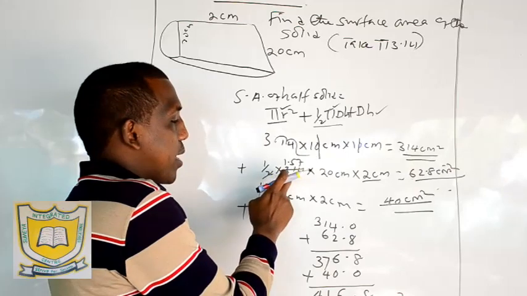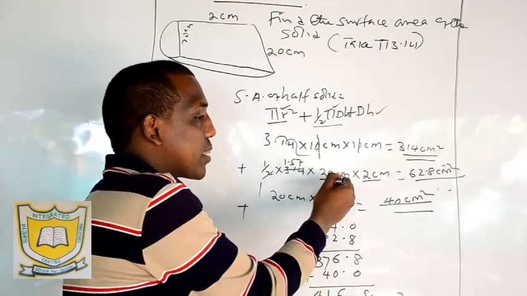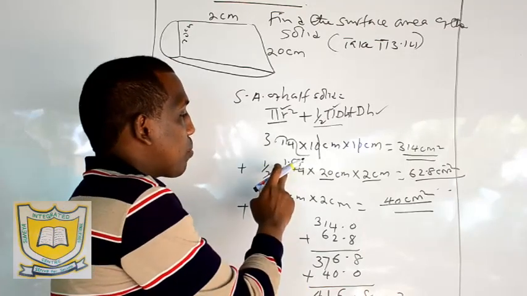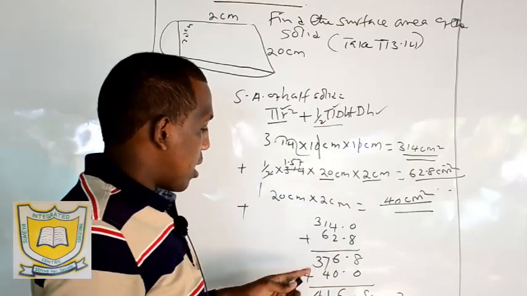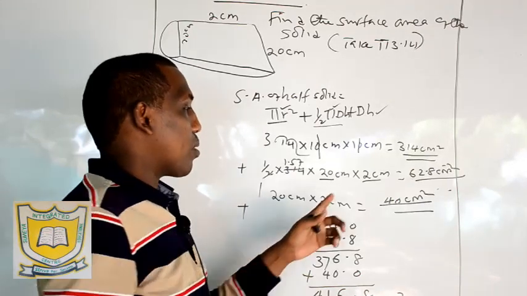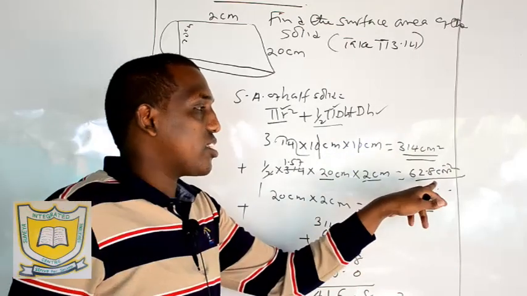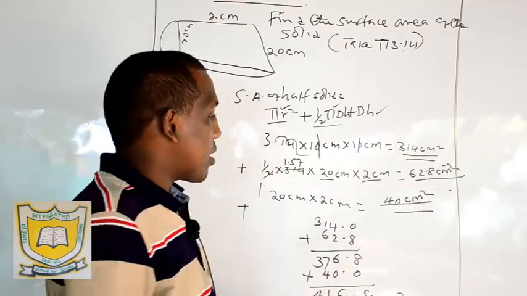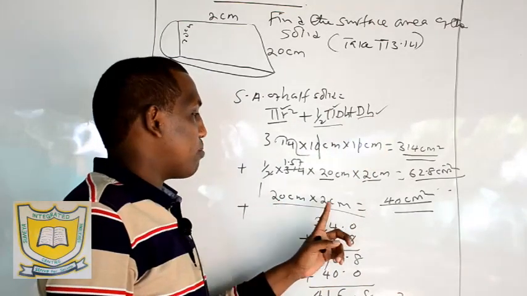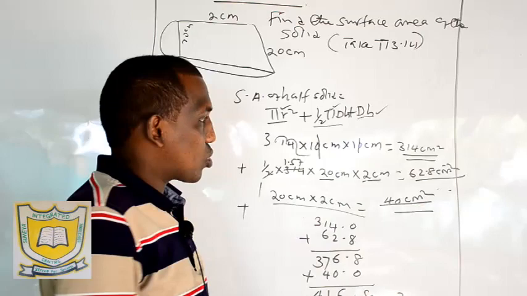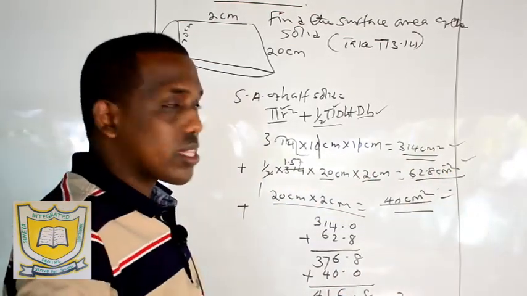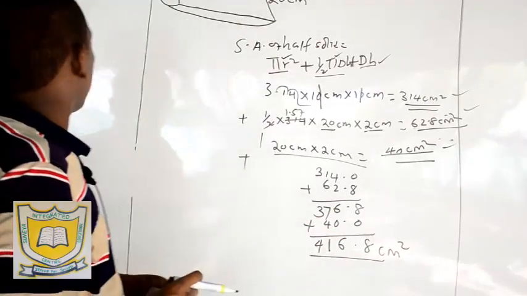A half times 3.14 times diameter times the height: 1 by 2 is 1.57, and 1.57 times 20 gives 31.4. Then times 2, you will get 62.8 centimeter squared. What remains is the last part of the formula: 20 times 2, you will get 40 centimeter squared. Now you add the three of them and you will get 416 centimeter squared. That is how we get it.